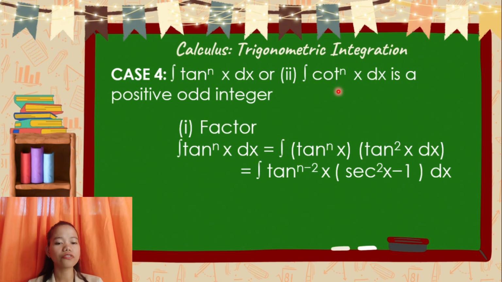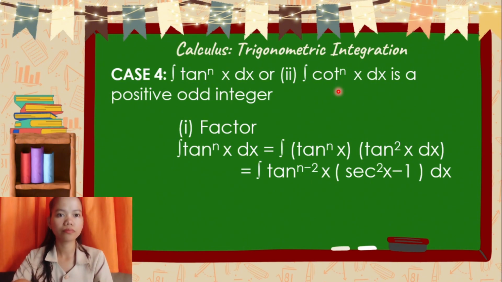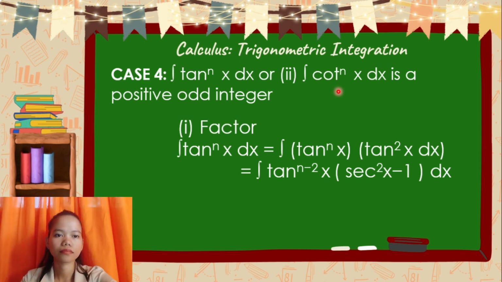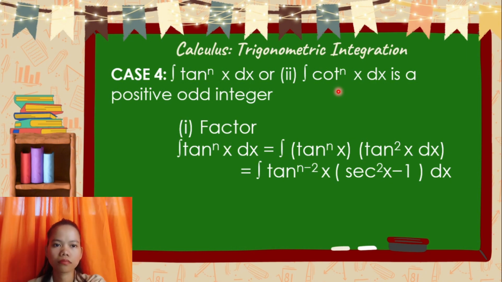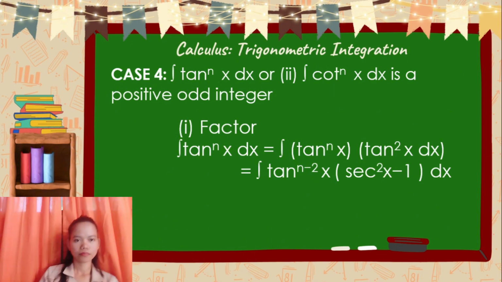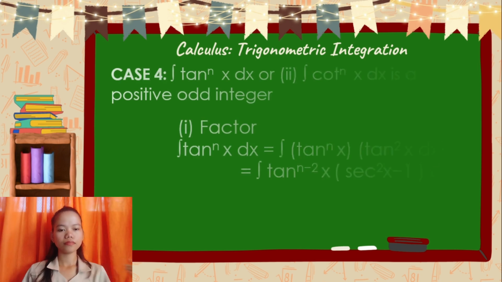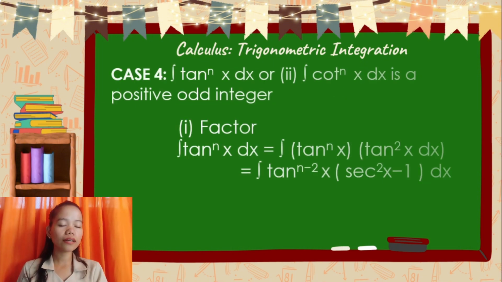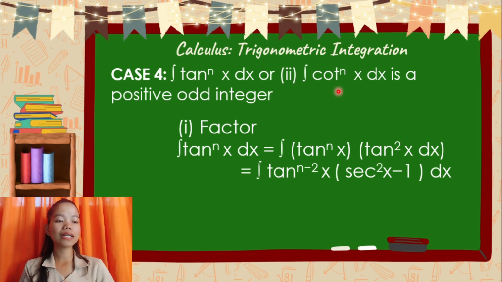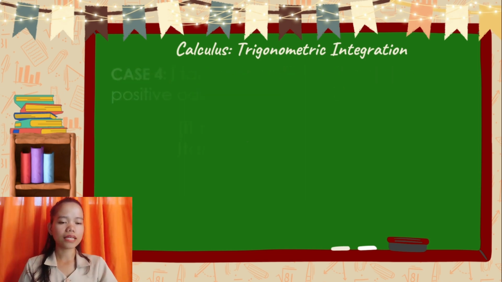So the integral of tangent raised to the power of n of x dx will be equal to the integral of tan raised to the power of n of x multiplied by tan squared of x dx.